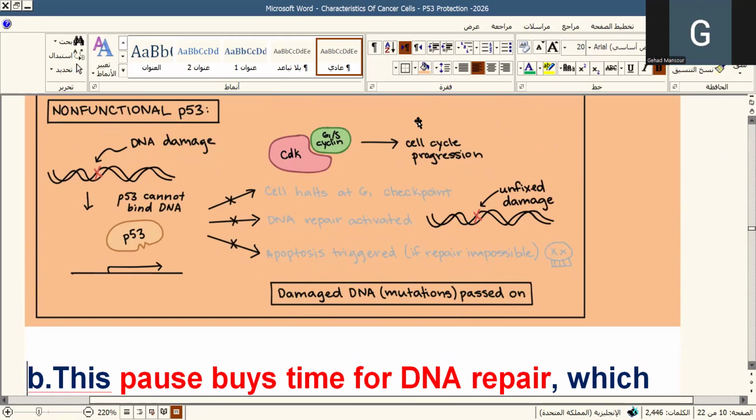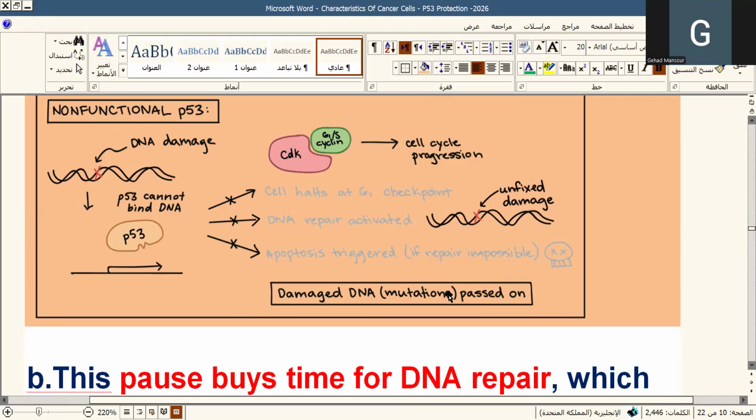So in this second part of the diagram, everything that was supposed to occur, like halting at the G1 checkpoint, activation of the repair mechanisms, and triggering apoptosis, all this does not occur.